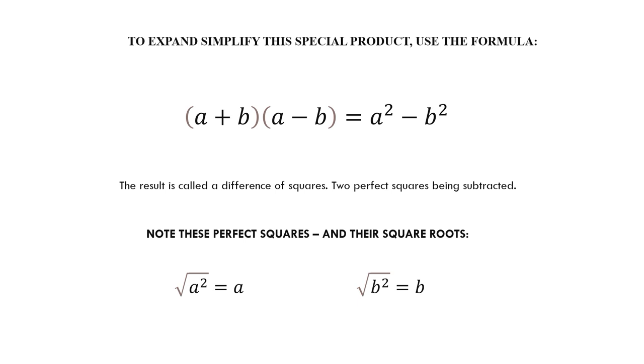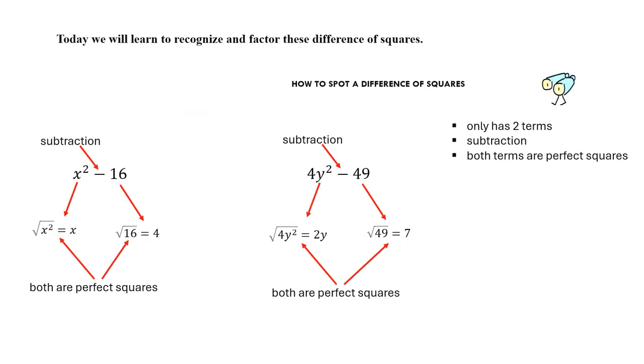So note that these are perfect squares, a squared and b squared. You can get the square root of both of them. The square root of a squared is a. The square root of b squared is b. So you need three things to exist in order to have a difference of squares.